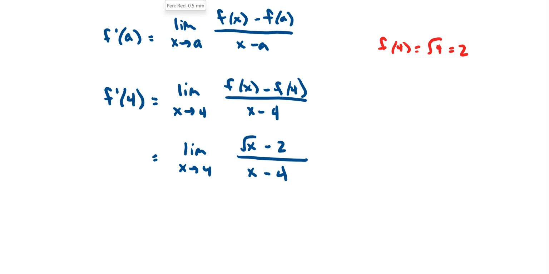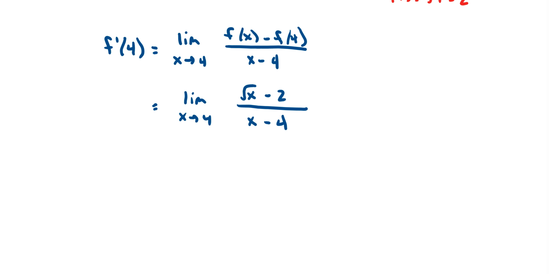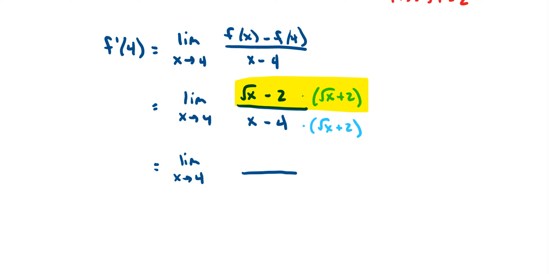So we multiply the numerator and denominator by the conjugate. And that's the conjugate of the numerator, so square root of x plus 2. And remember, when you multiply conjugates, you get the first one squared minus the second one squared. So that's going to be square root of x squared is just x, minus 2 squared is 4. So this is what this simplifies to in the numerator.